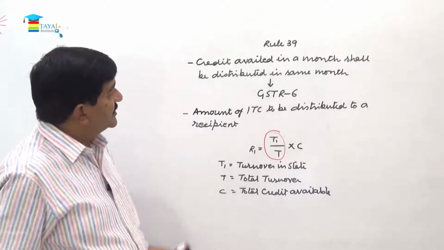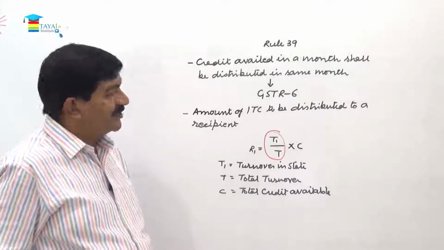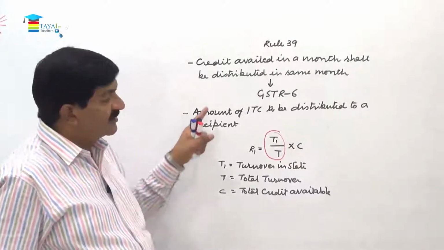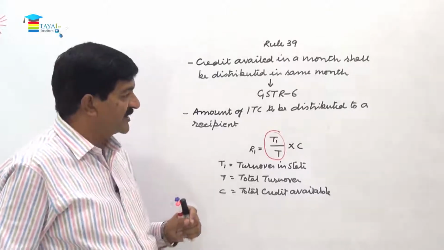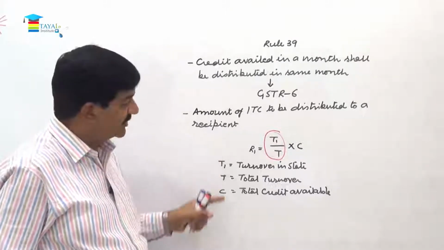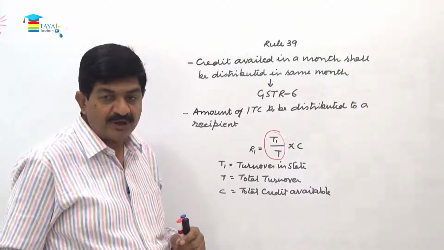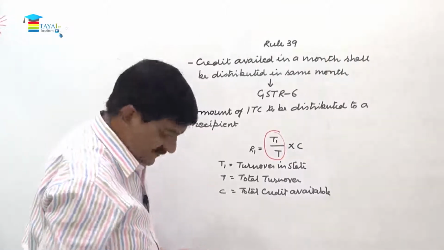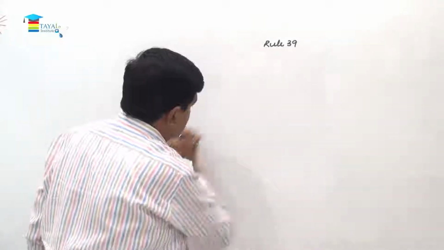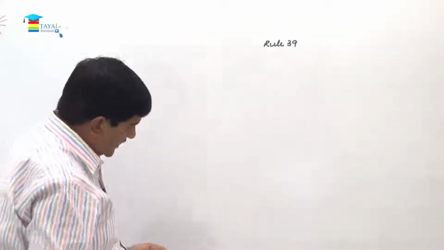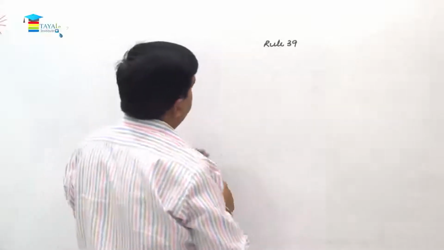Right. So first part is that credit availed in the month shall be distributed in the same month, and then the return has to be filed on monthly basis, that is GSTR 6, and the amount of input tax credit to be distributed to a recipient, that is to be calculated as per this formula. And then it further says how the credit is to be transferred.